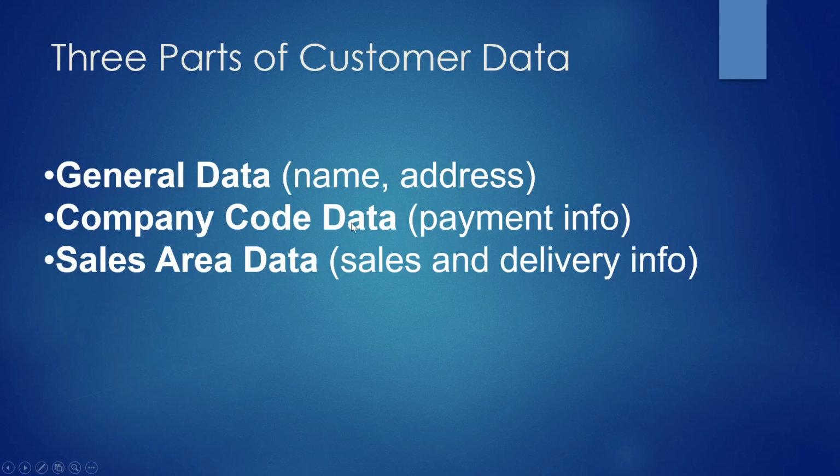That's how you create a customer in SAP. There are more videos on my channel you can check out, where step by step I showed how to create customer master, how to do mass updates and all. But when you prepare a customer, you need to have this general information, company code for payment information, and sales and delivery.